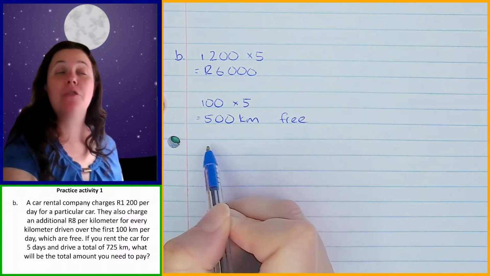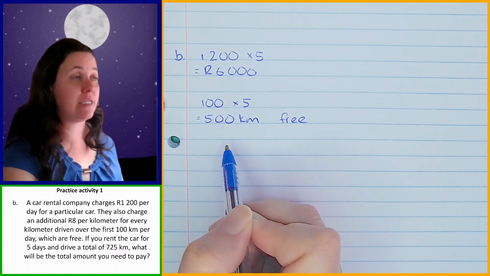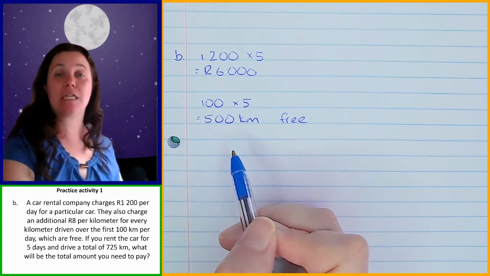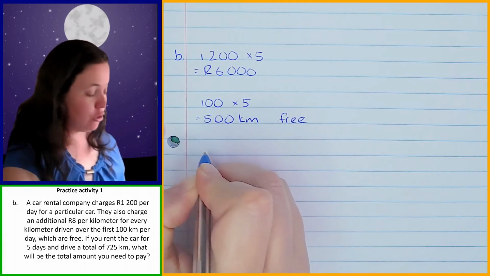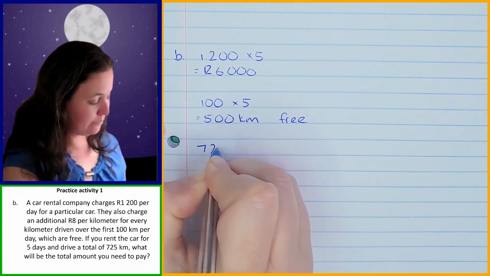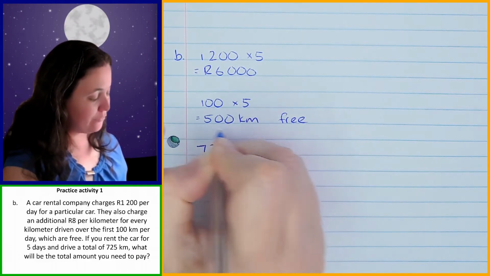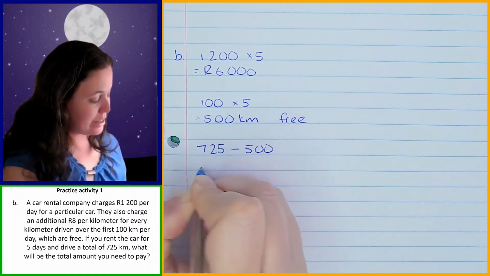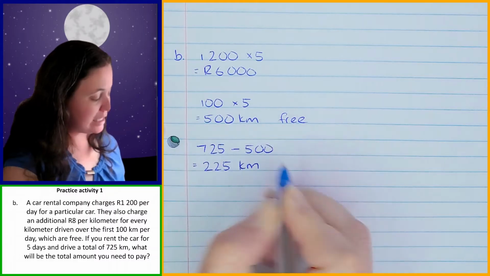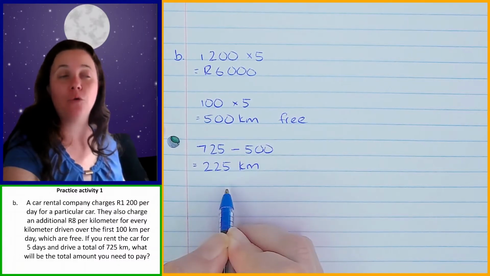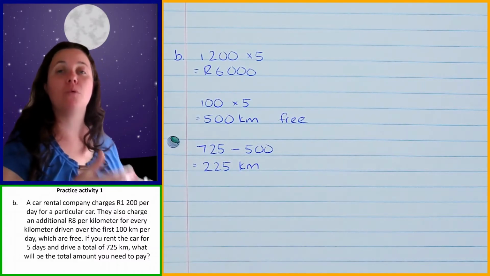Okay, but now they have driven more than 500 kilometers. They have to now pay for all the extra kilometers that they drove. So we're going to take the amount of kilometers that they drove, which is 725, and subtract the 500. And that gives you 225 kilometers. So that's how many kilometers they have to pay for, because they drove extra, more than what they could get for free.